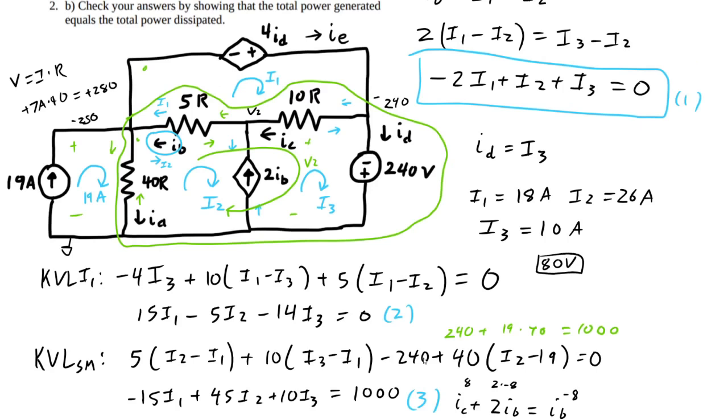So if there's 80 volt drops across that, and IC is going that direction, that means V2 has to be minus 240 minus 80, so minus 320 equals V2. Sounds a little bit tricky.